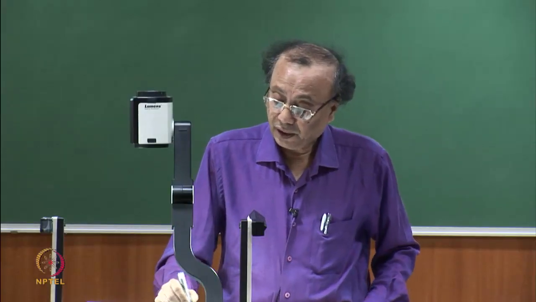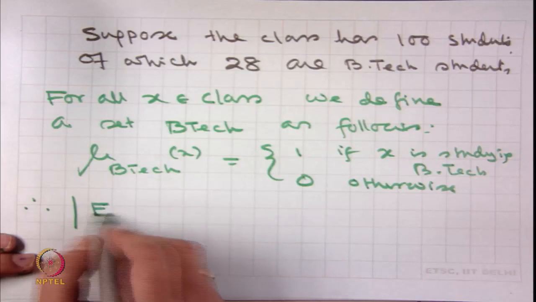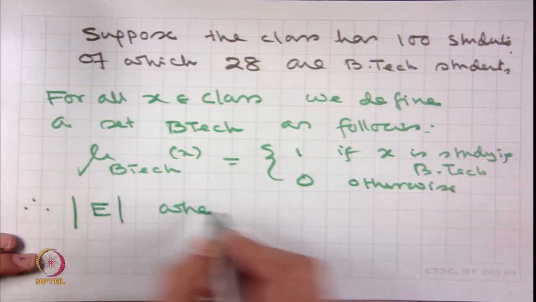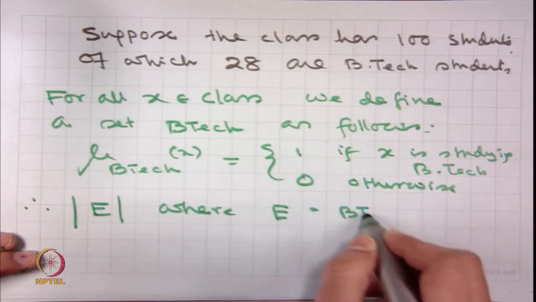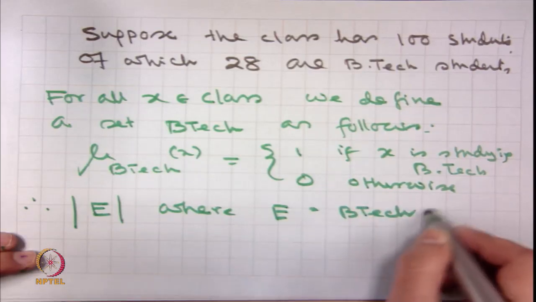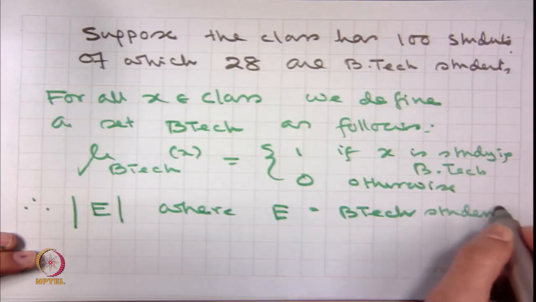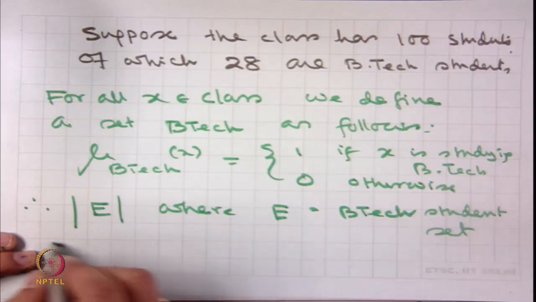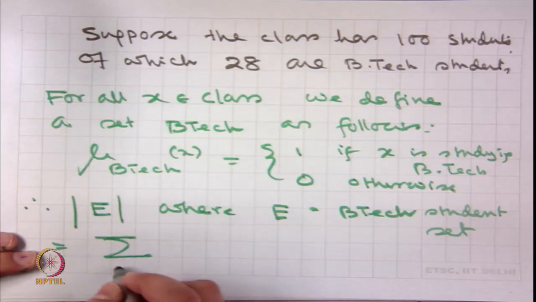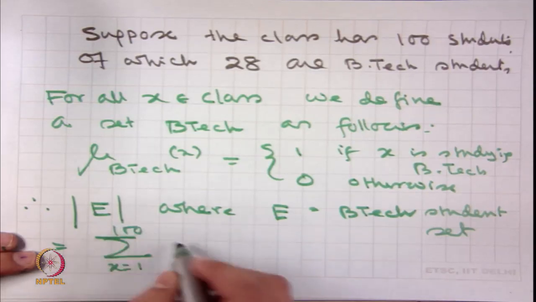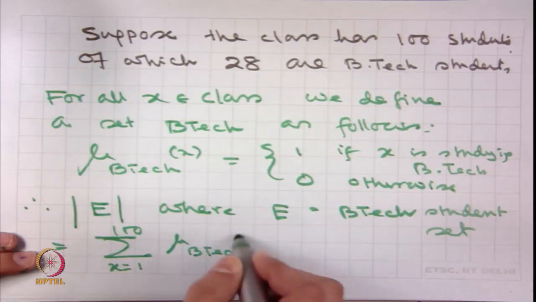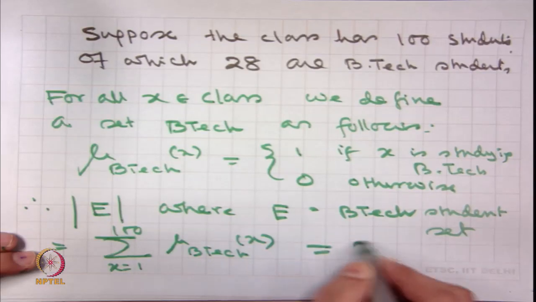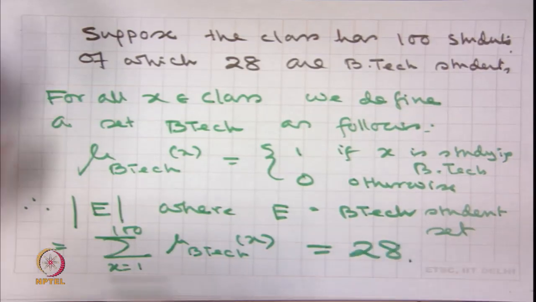Therefore, cardinality of the set E, where E implies B.Tech student set, is equal to sigma over x is equal to 1 to 100 mu B.Tech of x is equal to 28.